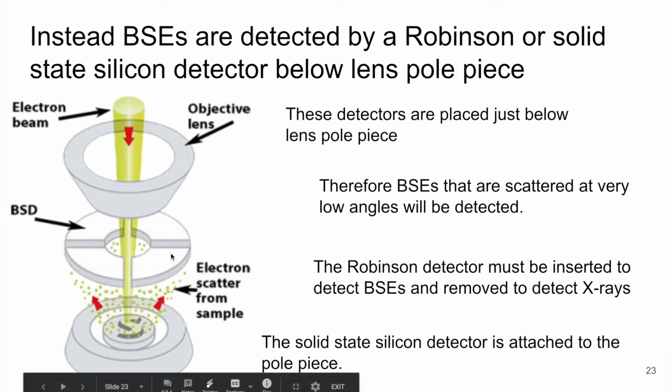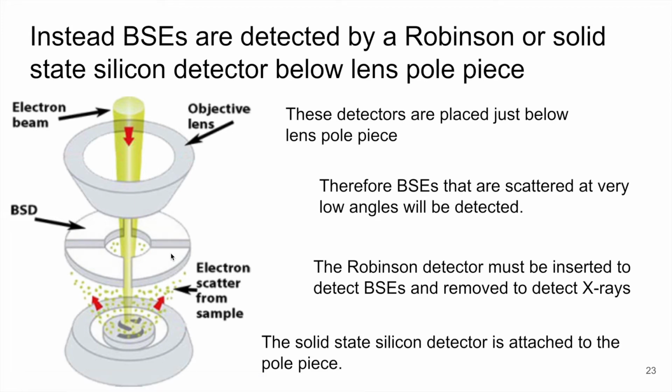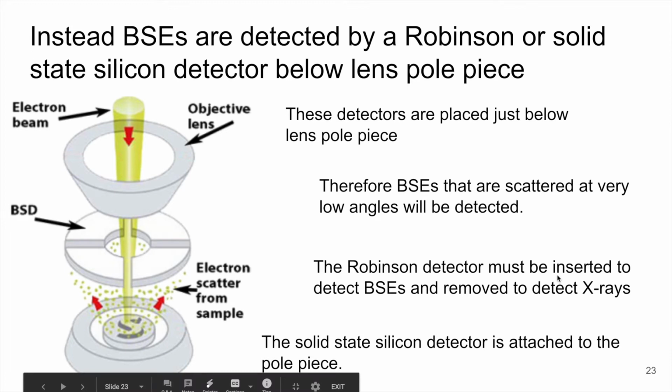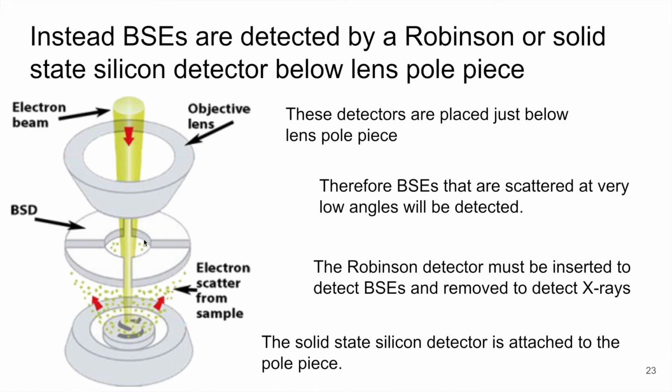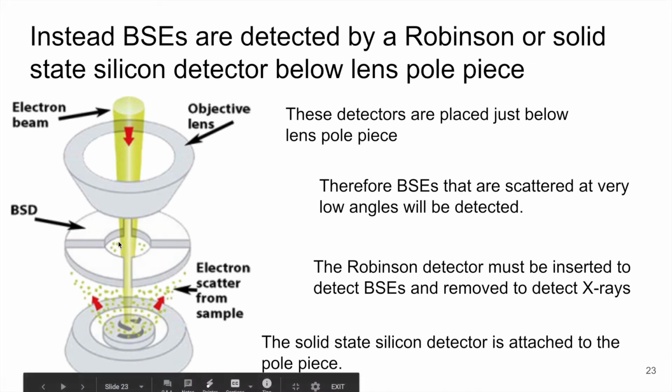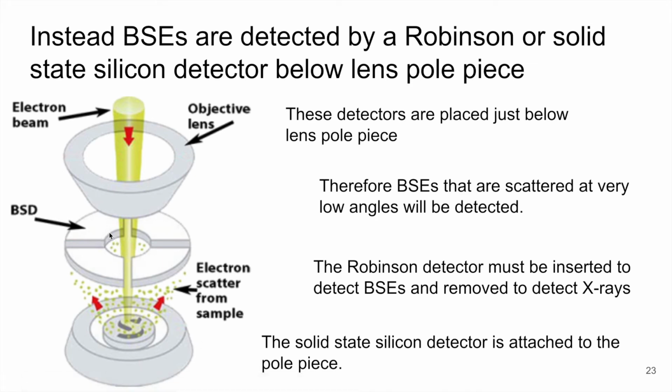Another thing about this Robinson detector is that you have to typically insert it into position. Otherwise, X-rays for EDS cannot be detected. So a lot of times when you use this type of detector, you'll have to remove and add it when you want to use it and when you don't.